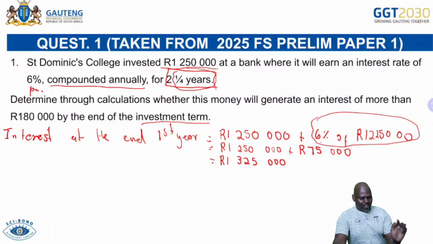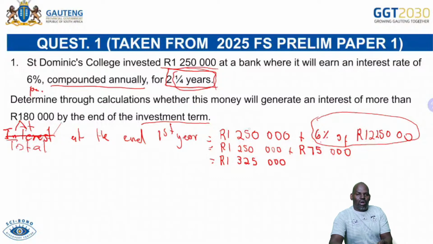Okay, first thing: I said at the end, actually it must be at the end of the first year, not necessarily the interest. At the end of this first year, the total amount will be 1,250,000 plus the interest.